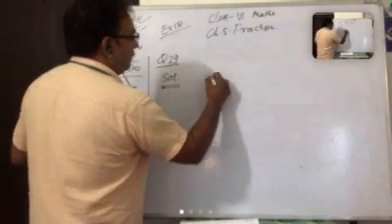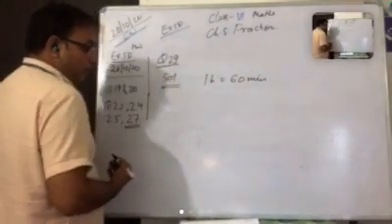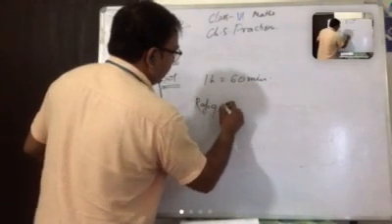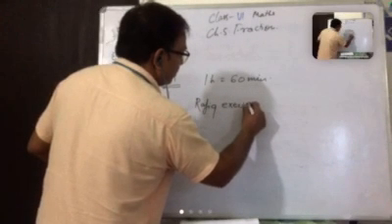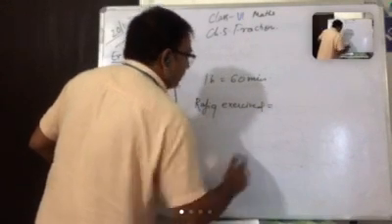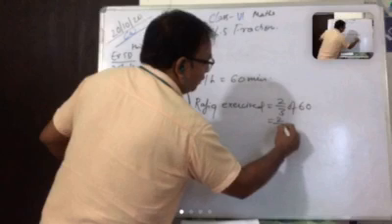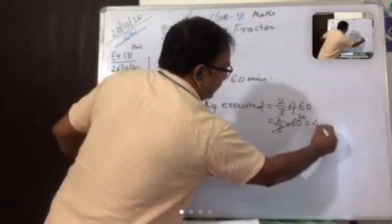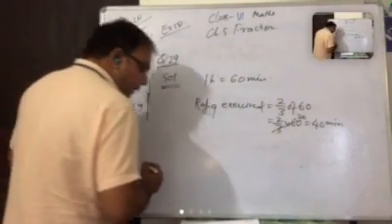Means we know that 1 hour is equal to 60 minutes. So Rafiq exercise is equal to, what is the fraction here? 2 upon 3 of 60, which is equal to 2 upon 3 multiplied by 60. 3 twenties are, now it is 40 minutes. Okay, and the next one is Rohit.